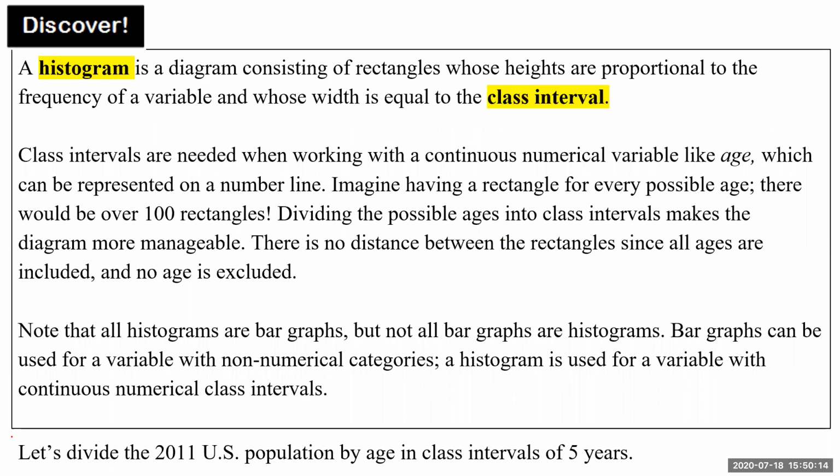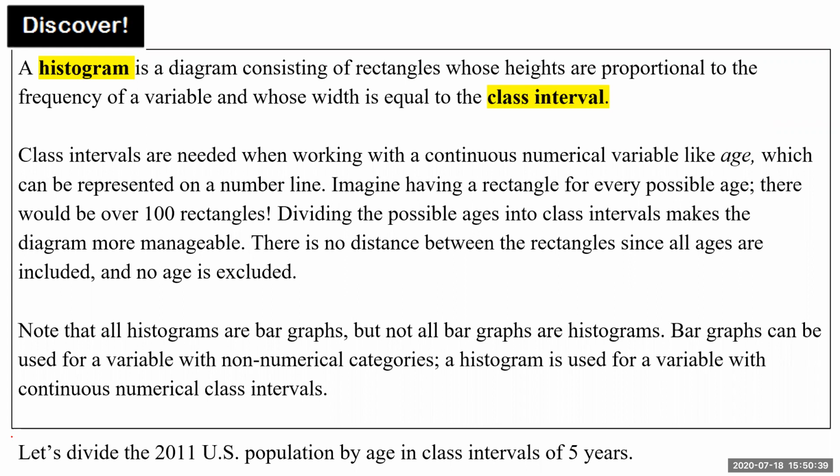A histogram is a diagram consisting of rectangles whose heights are proportional to the frequency of a variable and whose widths are equal to the class interval. I drew a histogram a while ago. Class intervals are needed when working with a continuous data set, like age, which can be represented on a number line.